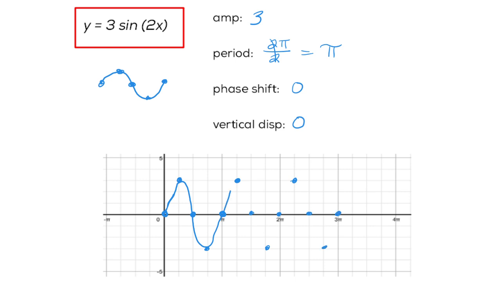That's probably enough. All right, let's get a nice flowy, not pointy graph. Okay, there it is. All right, let's do one that has a little bit more action on it.